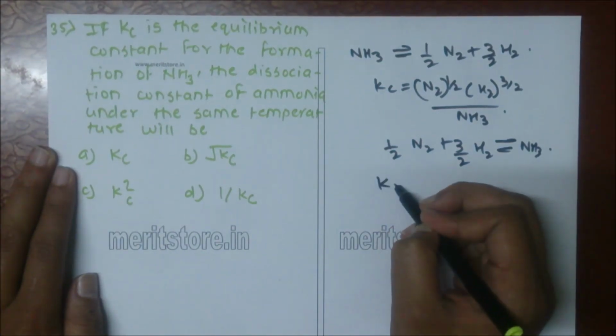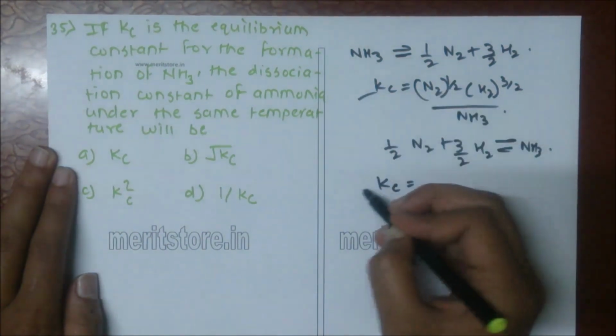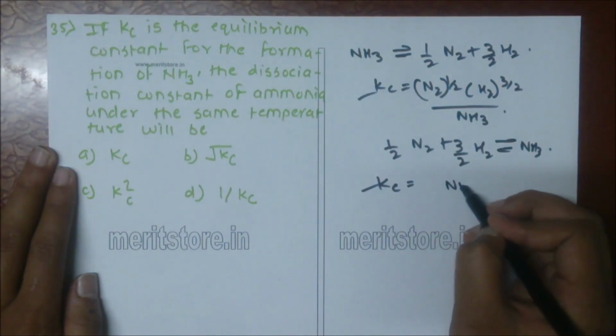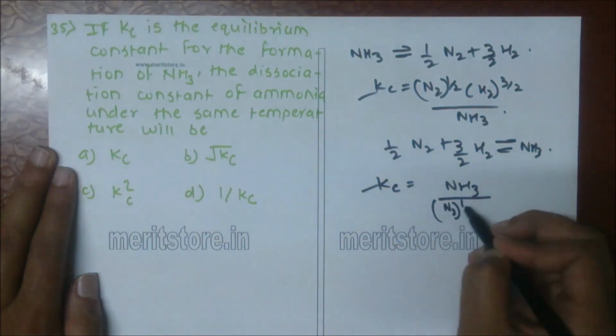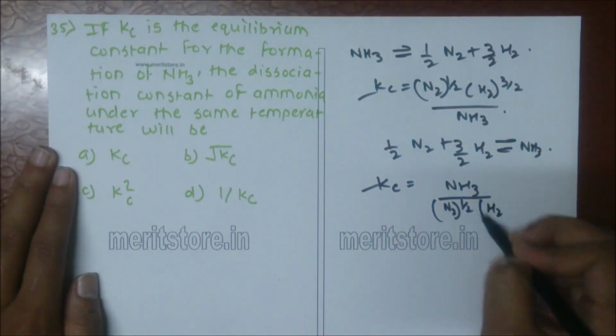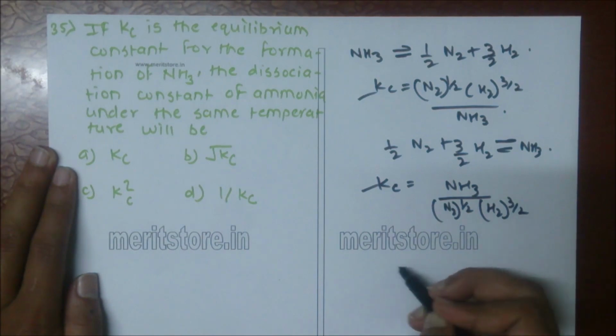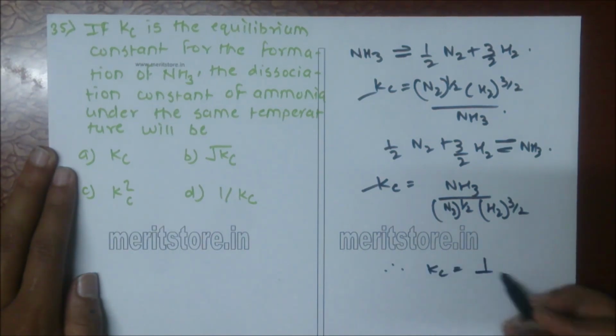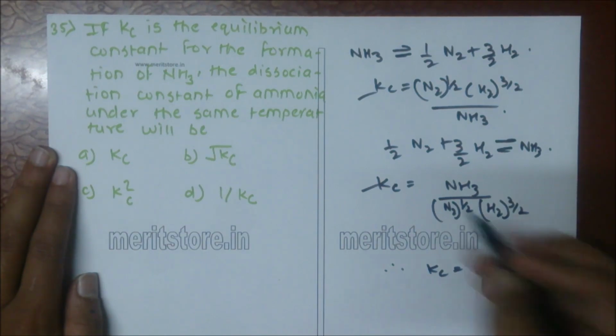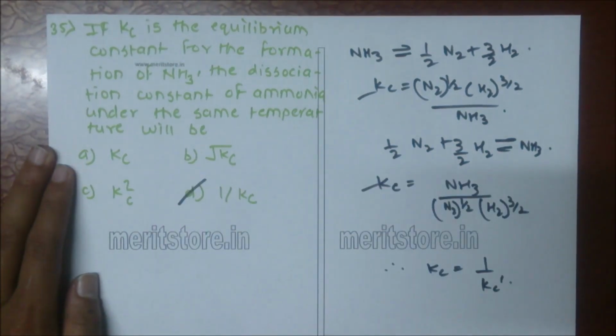For this, Kc is equal to ammonia divided by N2 raised to half, H2 raised to 3/2. So for dissociation, Kc is equal to 1 upon Kc dash. So option D is the correct answer.